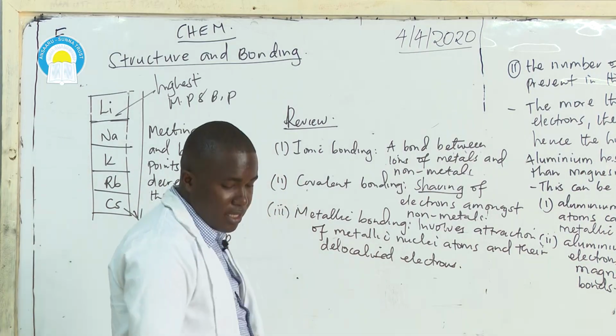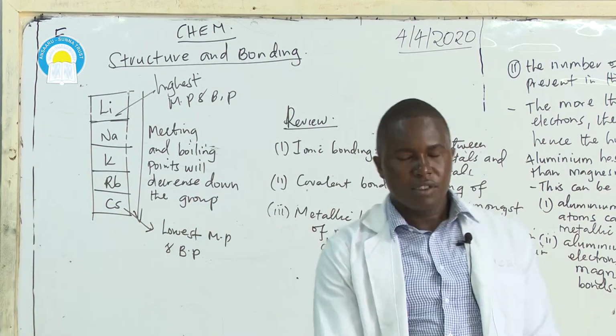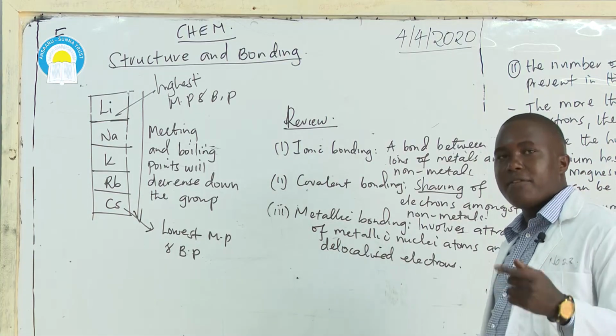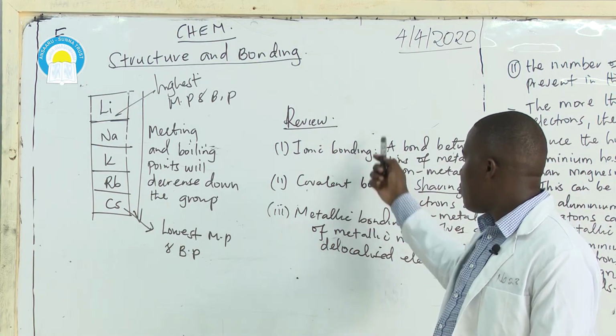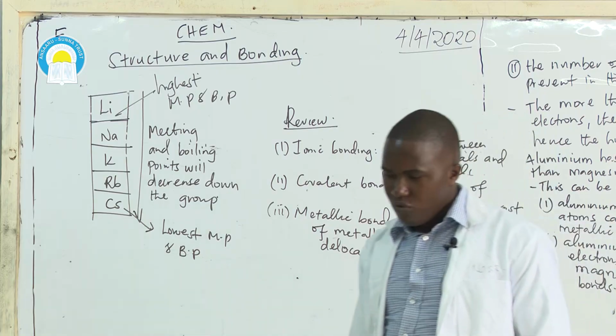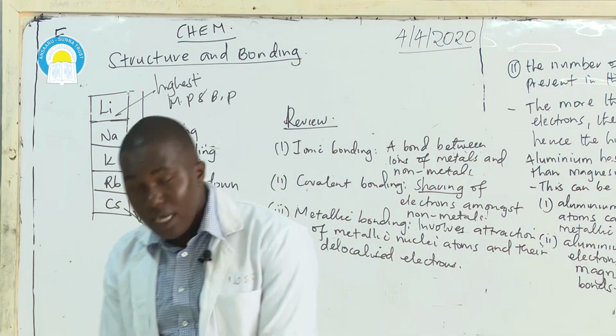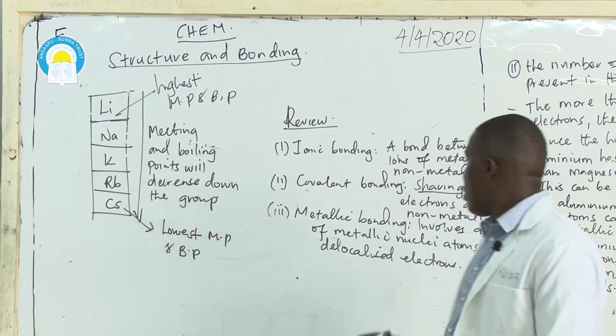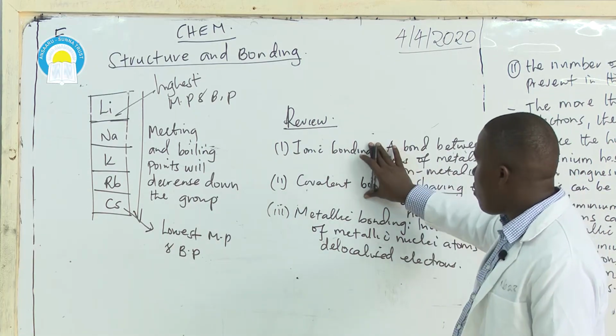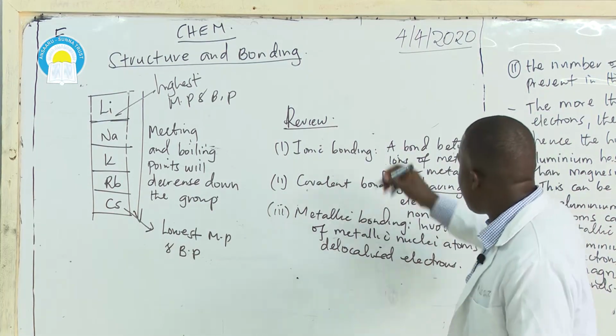So these are the three main types of bonding that I highlighted in the first lesson of structure and bonding. And so far, so good. We have been able to capture the three of them, and also the properties of the structures formed out of this.